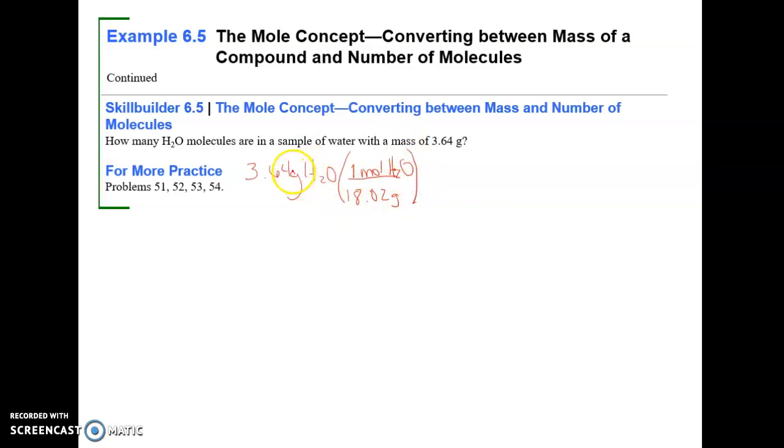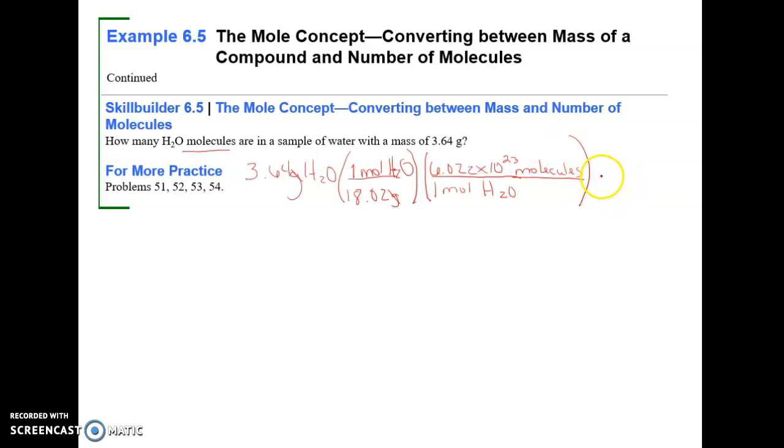All right. So our grams cancel, and now I'm in moles of water, but the question asks me to get into molecules of water. So how can I get from moles to molecules? Avogadro's number. So I know that 1 mole of water is 6.022 times 10 to the 23rd molecules of water.